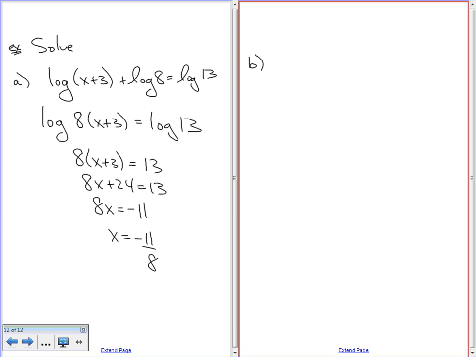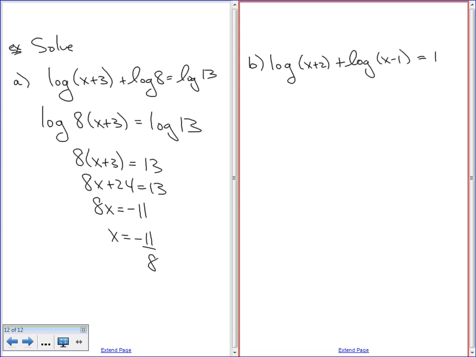So let's try this one. The log of x plus 2 plus the log of x minus 1 is equal to 1. Okay, so again, you see it's a log equation because it has logs in it.